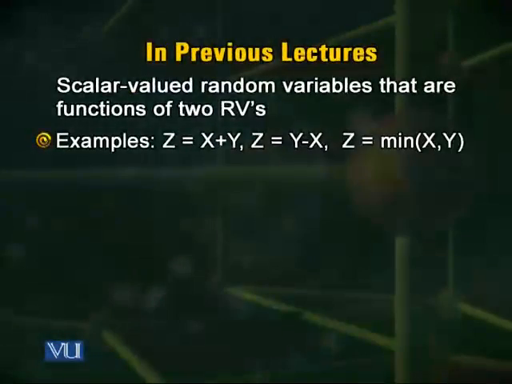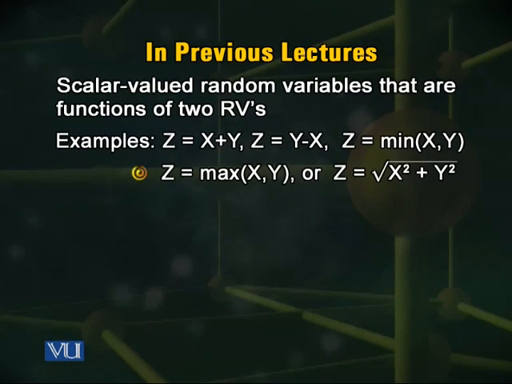We could form other derived random variables on this pair of underlying random variables X and Y. For example, we can have Z equal to Y minus X, or Z equal to minimum of X and Y, or maximum of X and Y. And then we can answer questions related to the maximum of two service times, the minimum of two service times, or difference of service times of two televisions by working with an appropriately defined derived random variable.